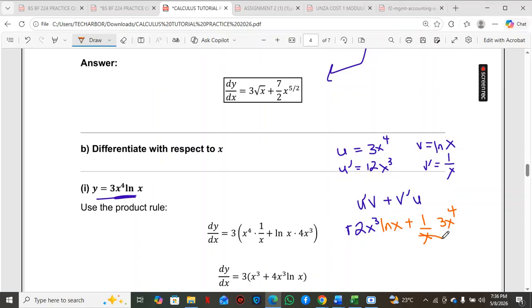We can simplify this. We remove this x here, remain with 3x to the power 3.